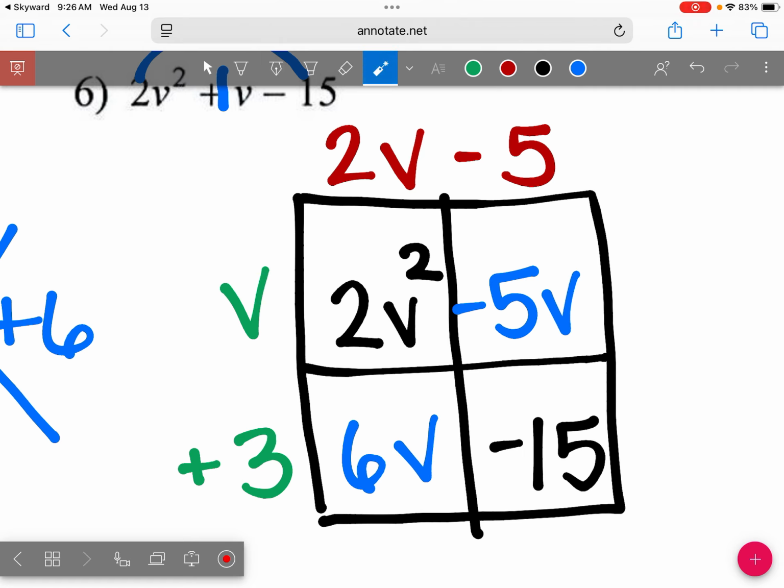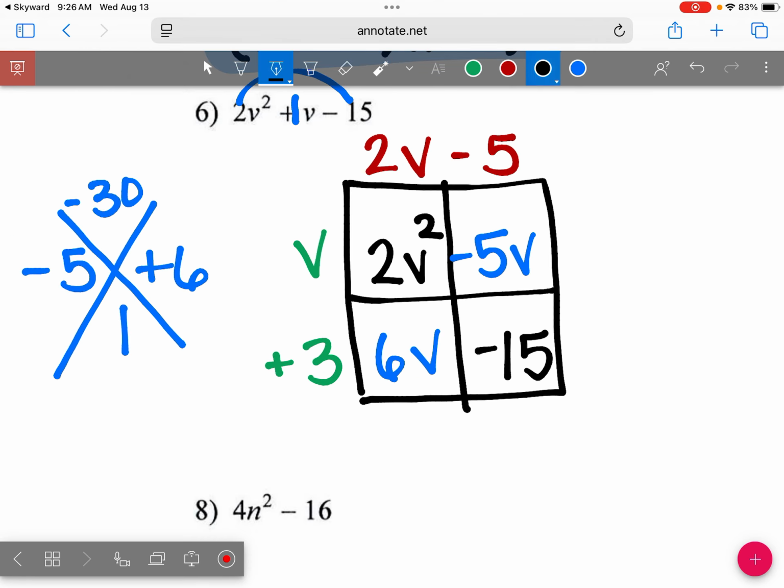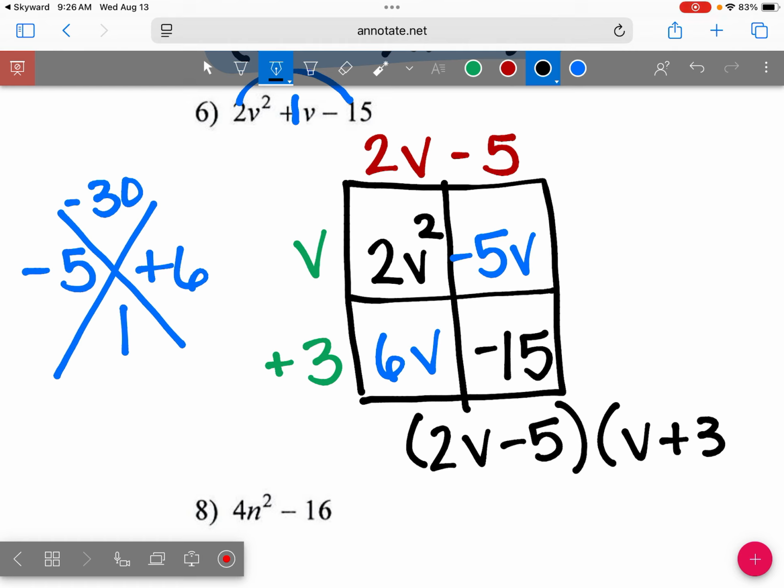If you multiply these two, we get the 2V squared. And if I take -5 times positive V, I get a -5V. And then these two come together to give you a positive 6, and these two give you a -15. So your factors would be 2V minus 5 and V plus 3.